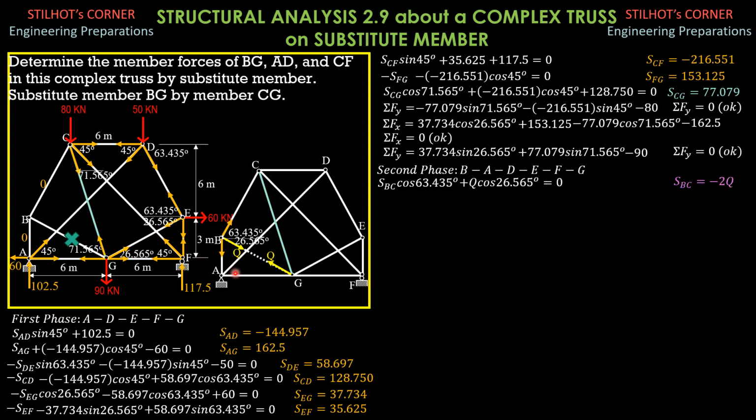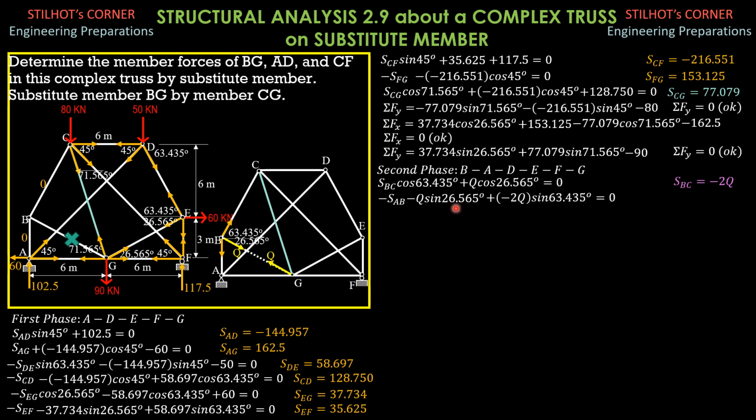Summation of forces vertical equals 0. Negative SAB downward minus Q sine of 26.565 degrees plus SBC sine of 63.45 degrees, so negative 2Q sine of 63.45 degrees equals 0. So expressing SAB in terms of Q, SAB is equal to negative 2.2361 Q.